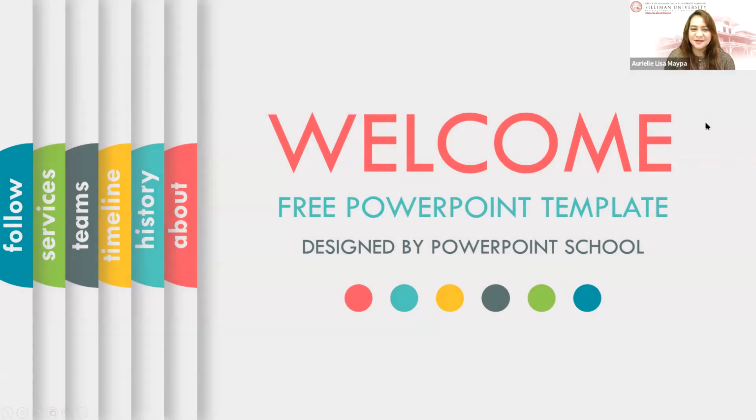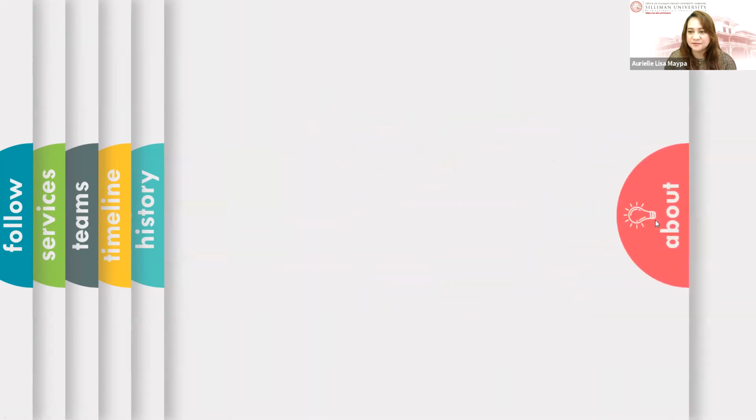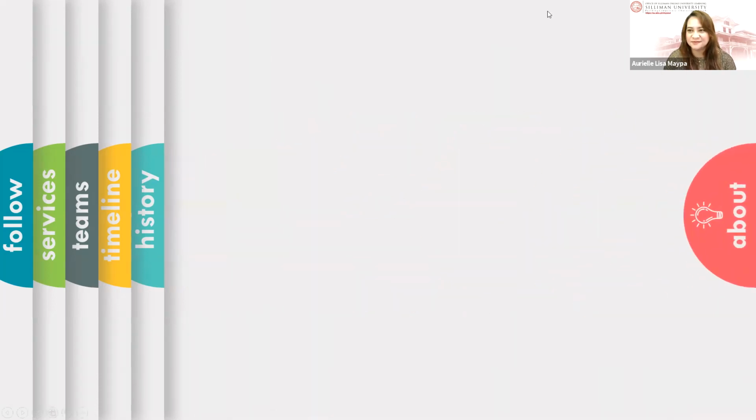It's so nice to look at with all those colors. I'll give you the link later on where I got this template, and I'll show you how to create such a PowerPoint presentation like this one. If I click on the mouse, it will look like this. There you go.